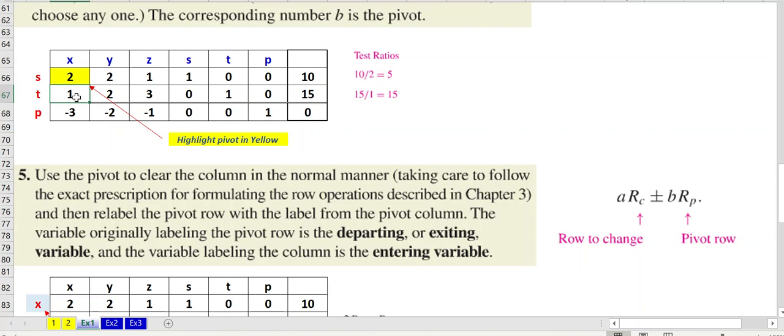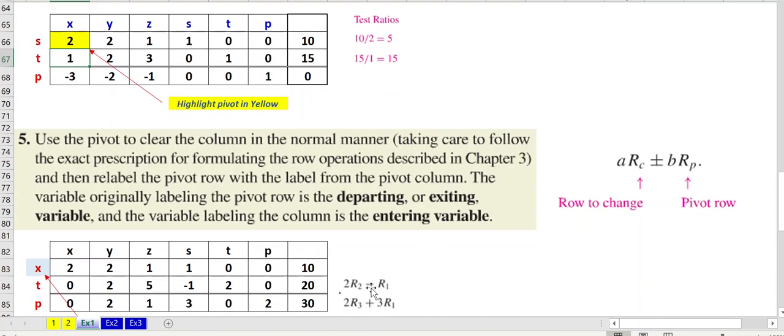So the row operation that we're going to do, I've written down here, is 2 times row 2 minus row 1. And we always want to write these in this form over here: the row to change plus or minus the pivot row. The pivot row would be the first row, the one that has the pivot in it.